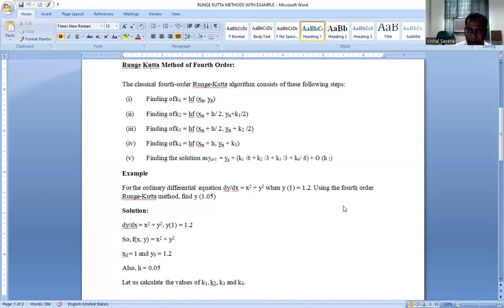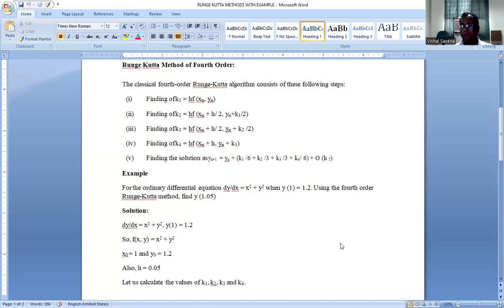The value of h depends upon us. We can take whatever value of h, but you should know that if h is very small, then definitely the solution will become more accurate. Therefore h is taken here as 0.05 because we have to find the value of y at x equal to 1.05.